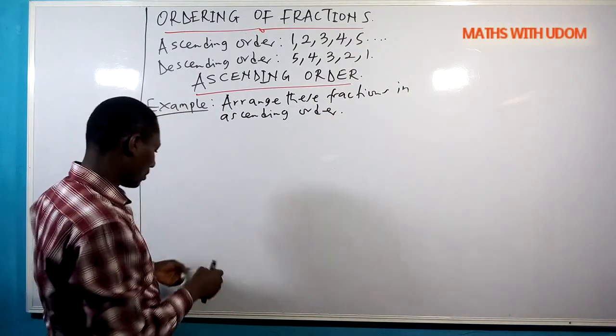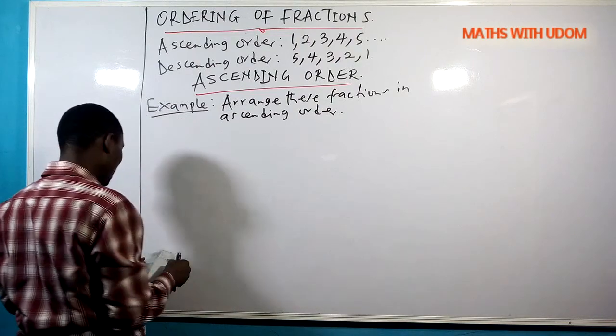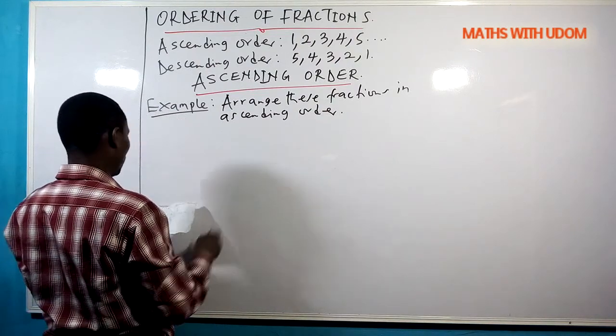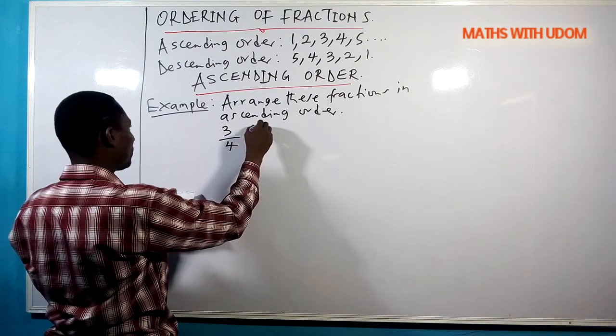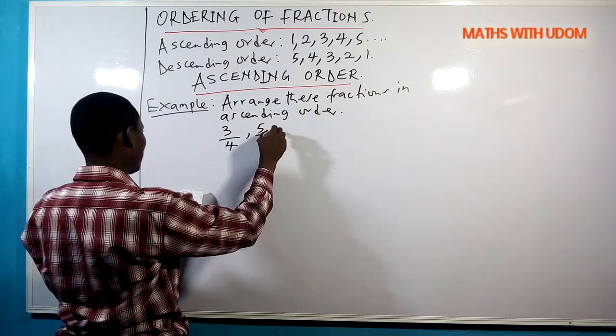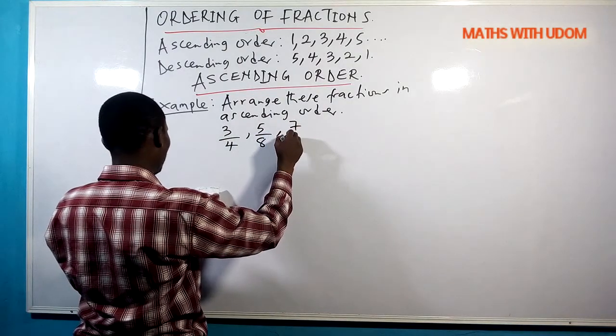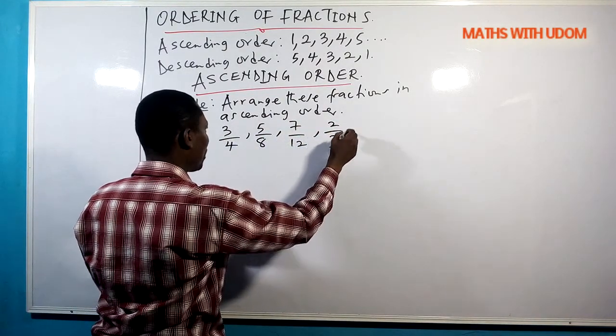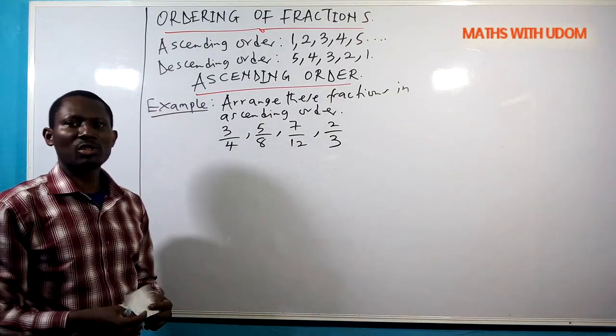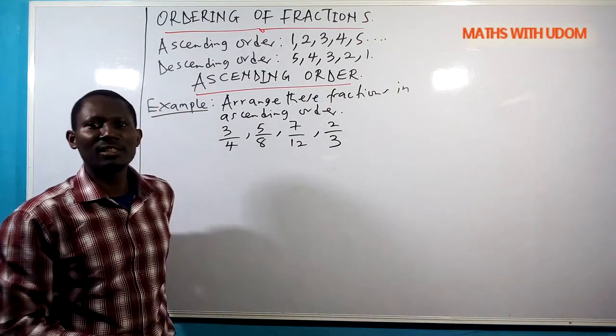So what are the fractions? Let's have 3 divided by 4, 5 divided by 8, 7 divided by 12, and then 2 divided by 3. So these are the fractions we want to arrange in ascending order.